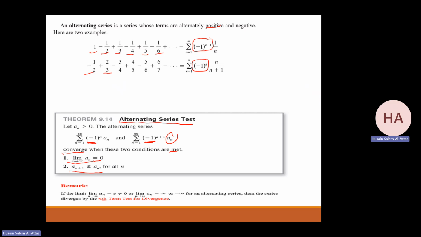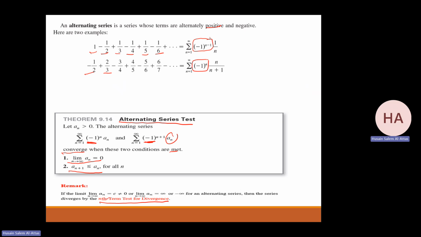Note, if the first condition is not met, if the limit is not equal to 0, or goes to infinity or minus infinity, then for sure we can apply the nth-term test for divergence, where the limit is not equal to 0, so the series will diverge.